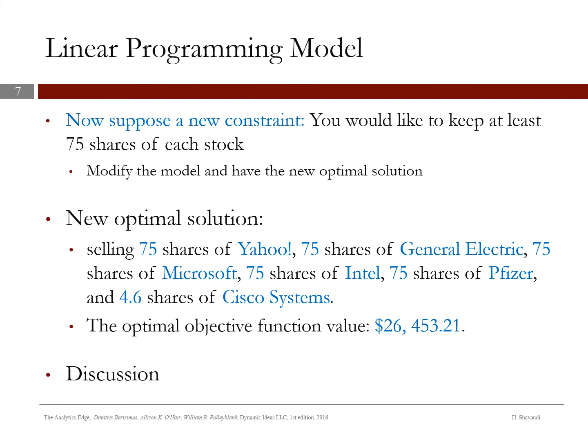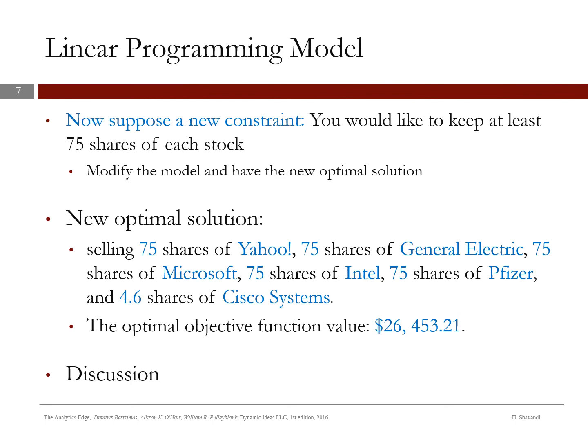In order to have a diverse portfolio for the next year, we are going to add a new constraint that we cannot sell more than 75 shares of each stock, or we want to keep at least 75 shares of each stock for the next year. So here we need to modify our model.